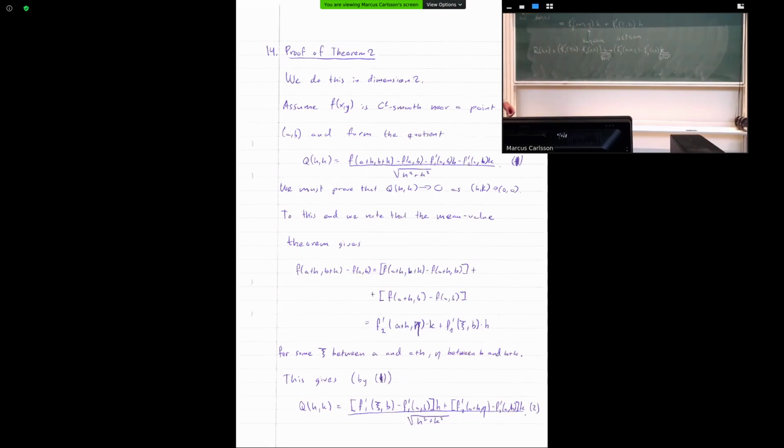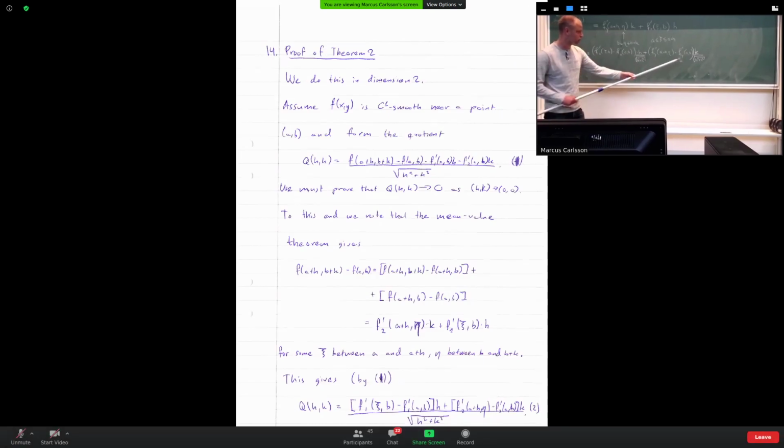So I want to show that this expression goes to 0. But that is now very easy because h is smaller than the norm of h comma k. k is also smaller. So these are bounded by 1, so they are very well controlled.